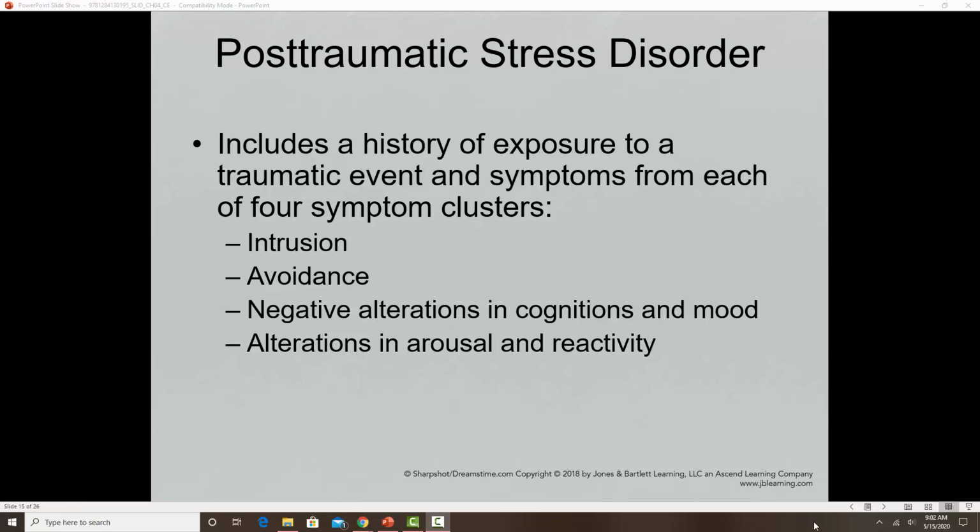So it is direct exposure to a situation, witnessing something in person, learning about it, or just exposure to anything that makes you feel like your own personal safety has been affected. But we also see it in first responders when they're collecting body parts, or they're going to a car accident and seeing some of the things, or a fire.